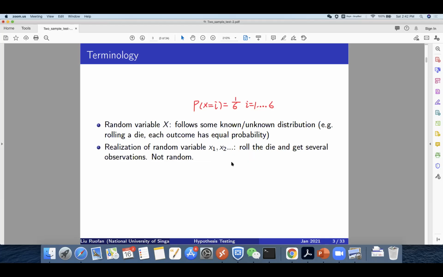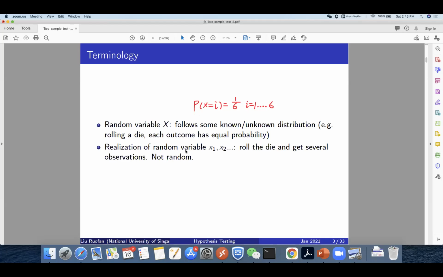The outcome has in total 6 possibilities, and each has equal probability. So the outcome is a random variable, described by the probability mass function: the probability of X equal to i is 1/6, where i is from 1 to 6.